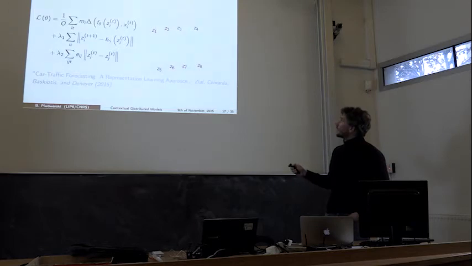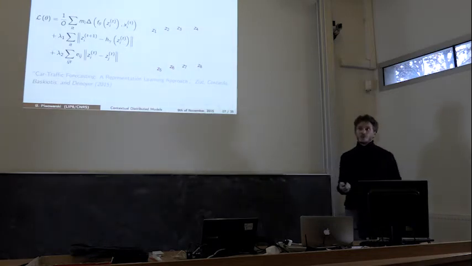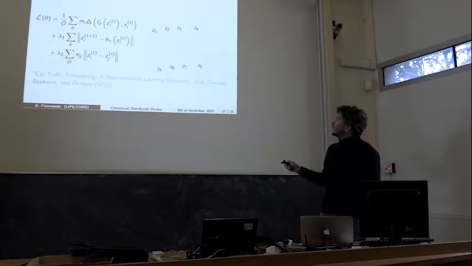You have different streets and intersections between streets, and each intersection corresponds to one latent variable in a represented space, so within a vector space. For each representation you can predict the traffic, so this is a regression problem here.